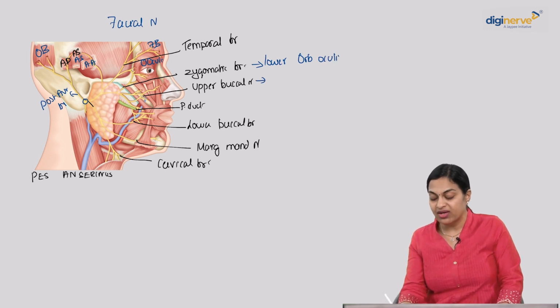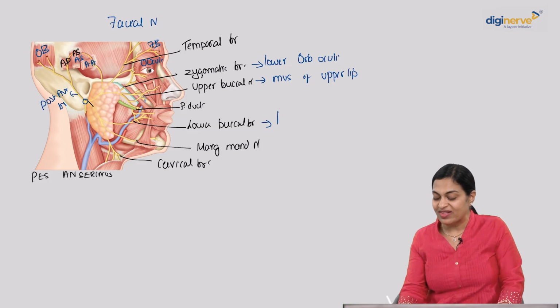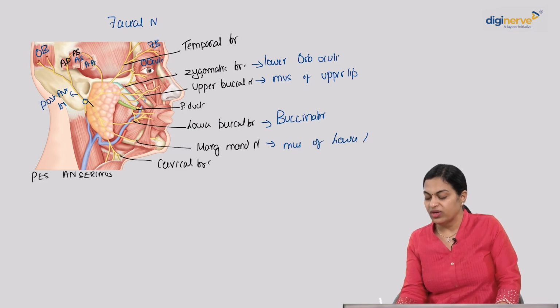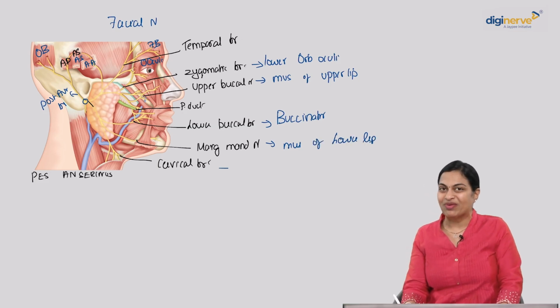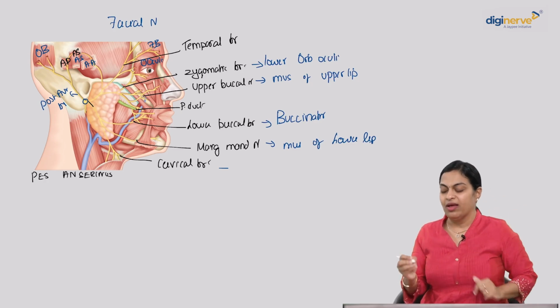The upper buccal branch supplies the muscles of the upper lip. The lower buccal branch supplies the Buccinator muscle. The marginal mandibular nerve supplies the muscles of the lower lip. And the cervical branch of the facial nerve supplies the subcutaneous muscle of the neck. What is it? Platysma.